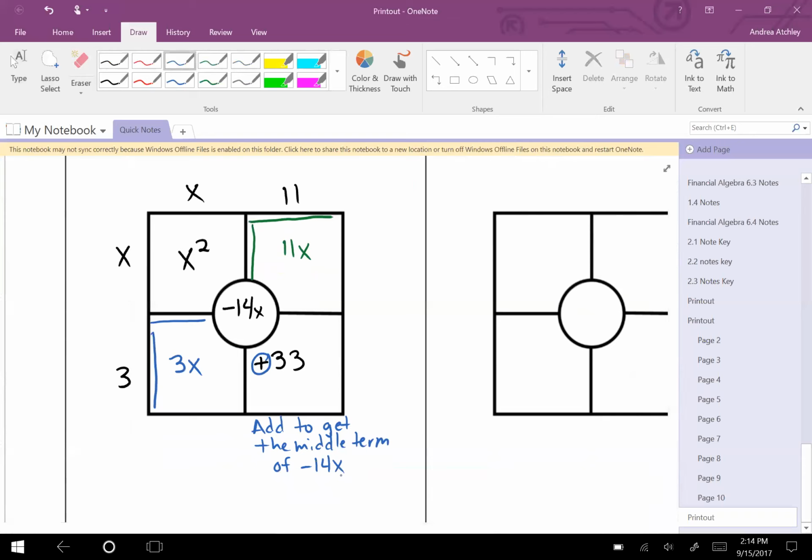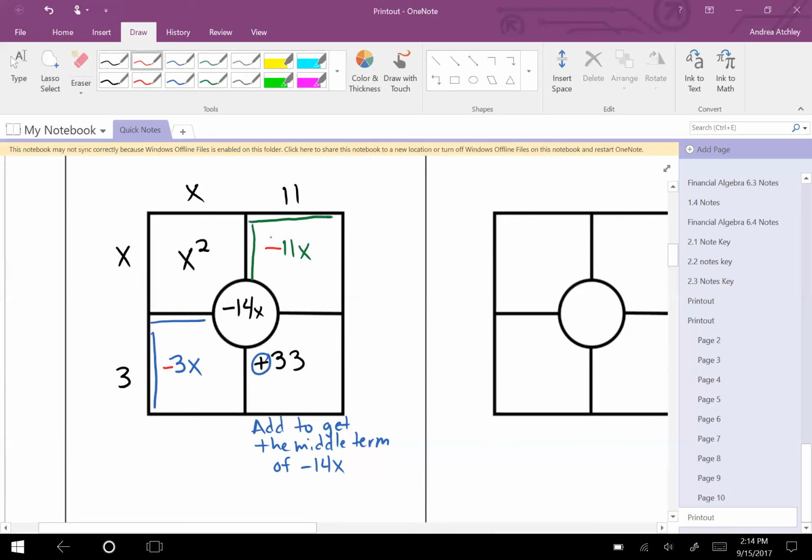Right now, the way it's written, if I add those two, I'll get a positive 14. How do I add them and get a negative 14? Yep. I need them both to be a negative. Very good. So I need the 11 to be negative and then 3 to be negative. Because that will now combine to the negative 14. And then if I multiply the negative 11 times the negative 3, I'll get a positive 33.